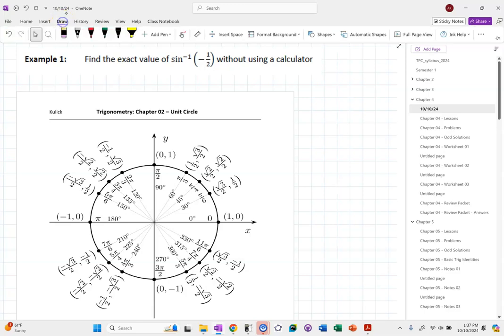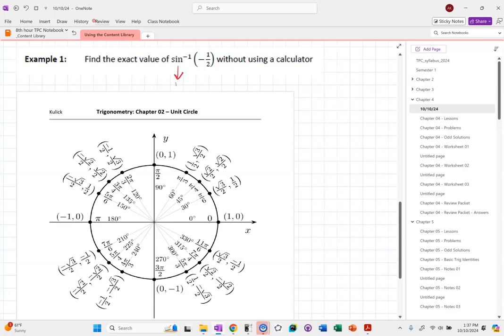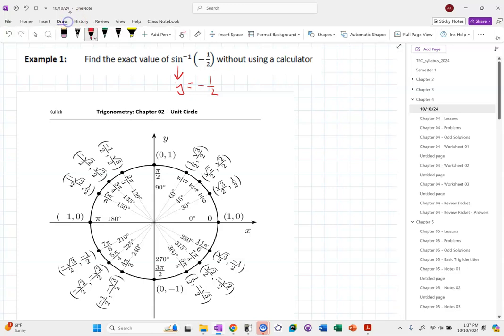To use this unit circle now, I know sine is y on the unit circle. So I'm going to be looking for the places where the y coordinate is -1/2.